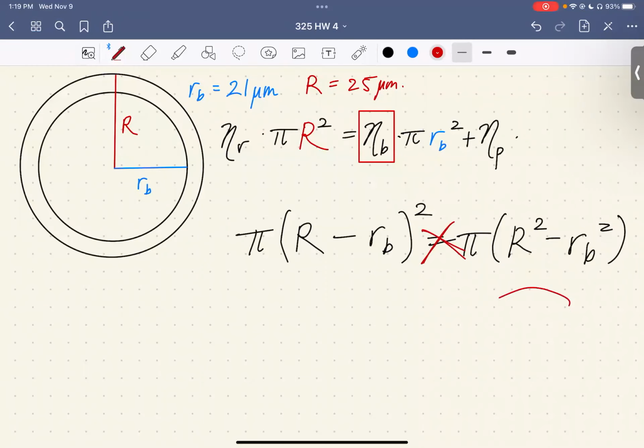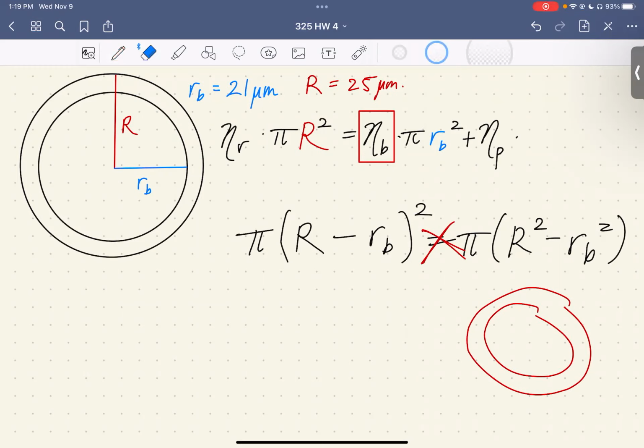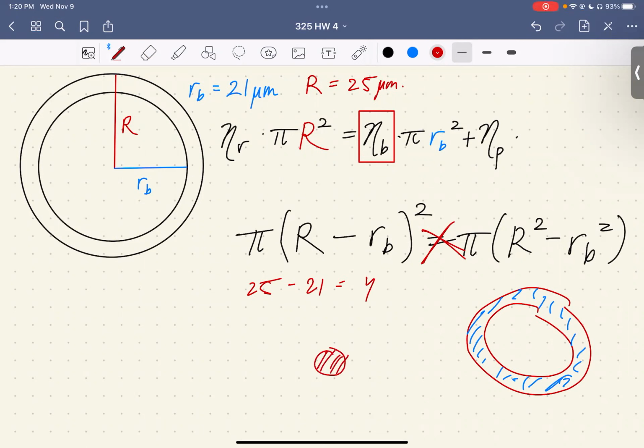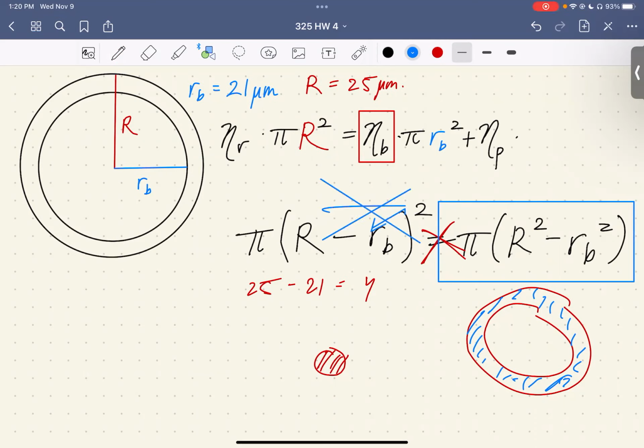The correct one takes the area of the two circles and subtracts those areas, giving us only this region. But squaring R minus RB, in our case 25 minus 21 is 4, just makes a small circle of radius 4. That's not the actual area we're looking for. So you absolutely cannot do that. Just keep that in mind. I'm going to erase this right over here.